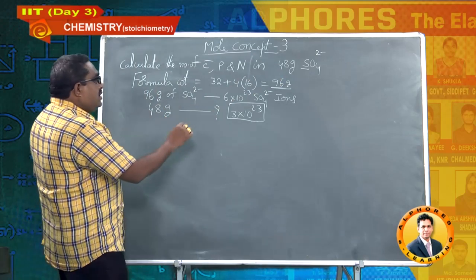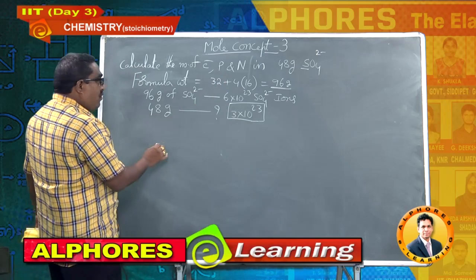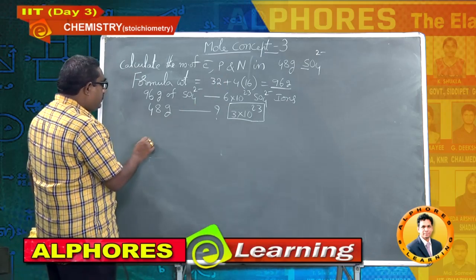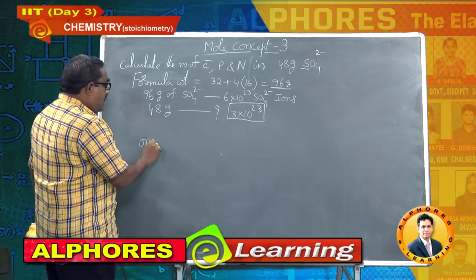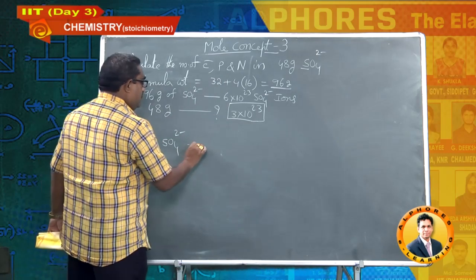Now I have to estimate the individual number of electrons, protons and neutrons for one sulfate ion.